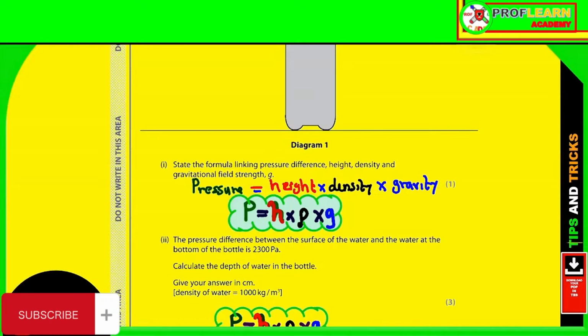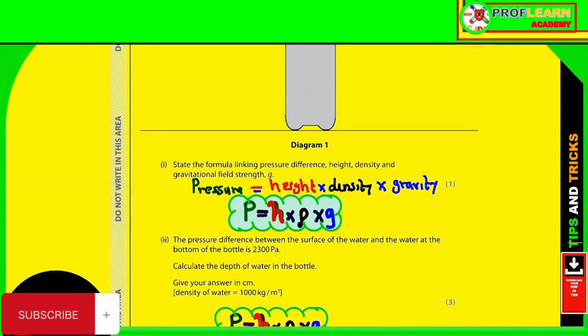Sometimes you may be told to work out pressure, then you must be given the height, the density of the liquid, and also the gravitational field strength, which is equivalent to 9.81. We can as well use 10 Newton per kilogram as the value of g.